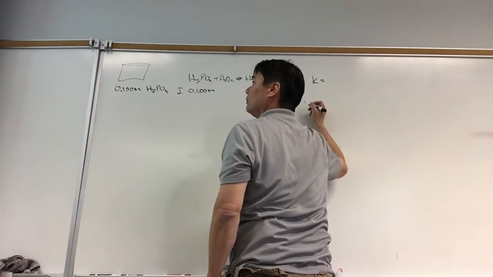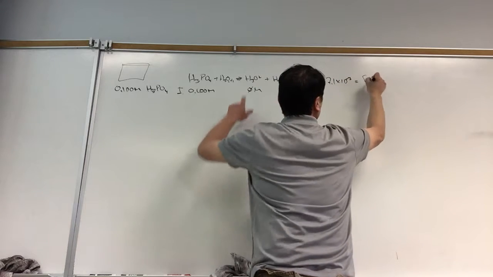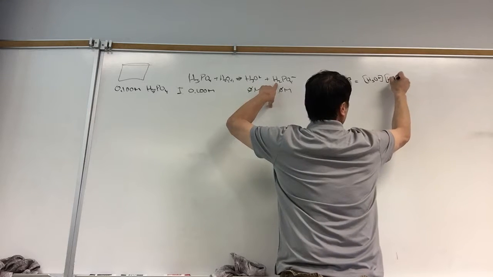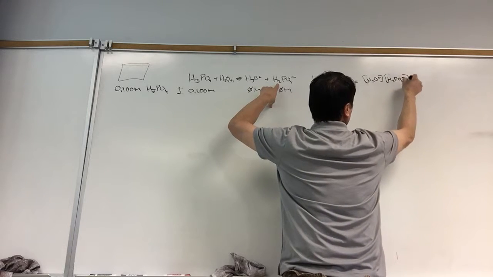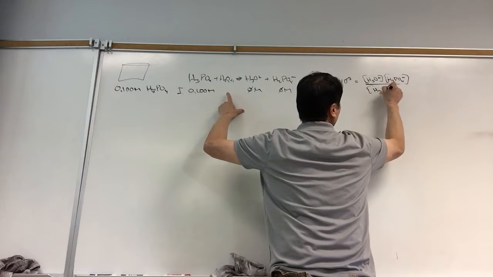K for this was 7.1 times 10 to the minus 3, which is going to equal the hydronium ion concentration times the dihydrogen phosphate divided by the phosphoric acid.